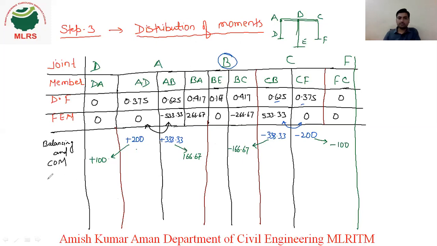Okay, now add them. Just check whether the moments at the joint are now equal or not. When you add them, you will get here plus 100, here plus 200, here minus 200.